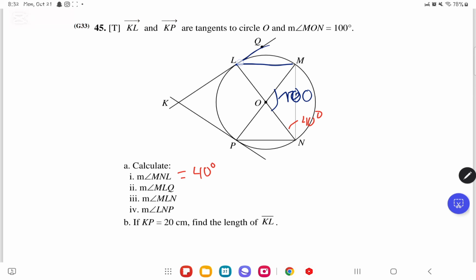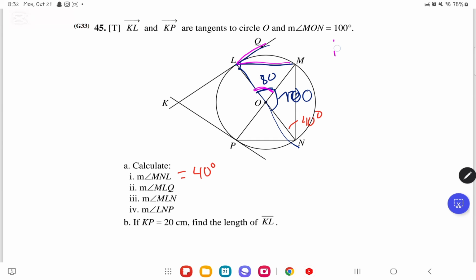And since this is a diameter, it is a straight line. So definitely, if this is a straight line, then its degrees is 180. So this angle over here is going to be 180 minus 100, which is 80. And so we have a central angle over here, which is 80, and we have an inscribed angle.